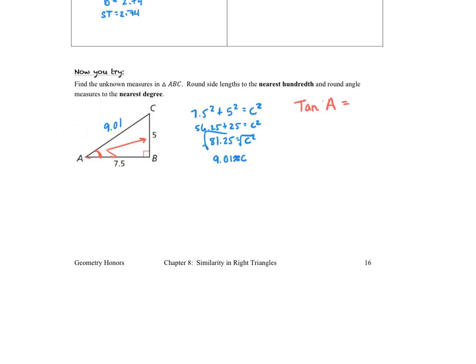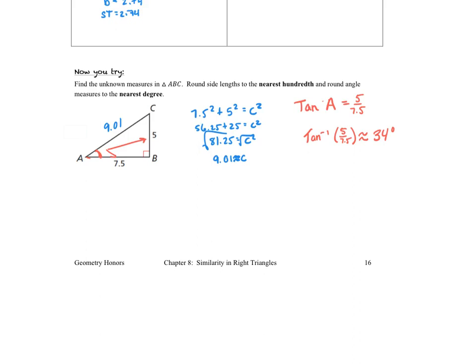So tan of A is equal to opposite over adjacent, 5 over 7.5. And so when I do tan negative 1 of 5 over 7.5 in my calculator, I'll get about 34 degrees.